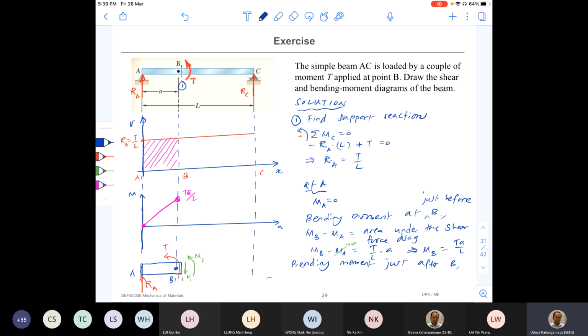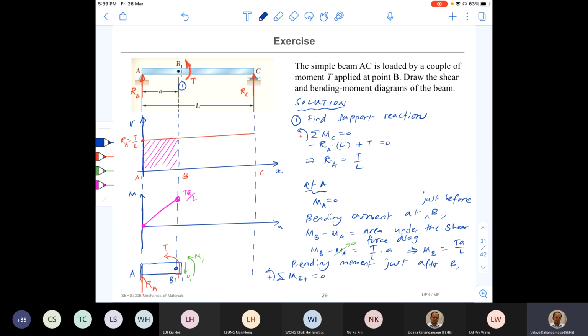For that, we take the sum of moments about B, just after B, which should be equal to 0.